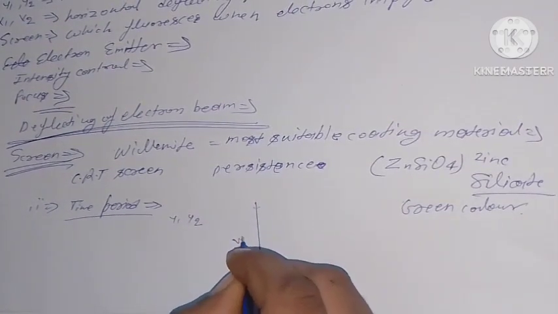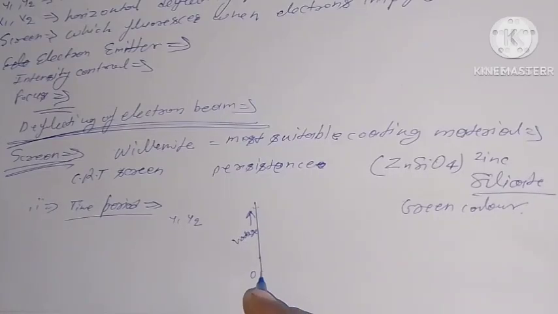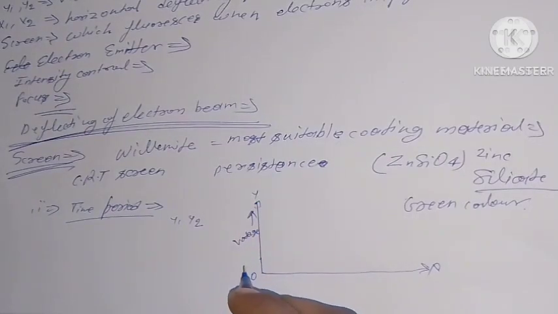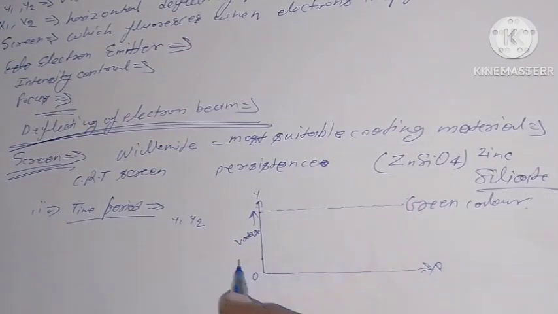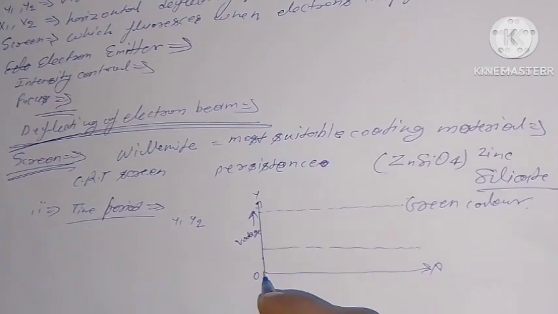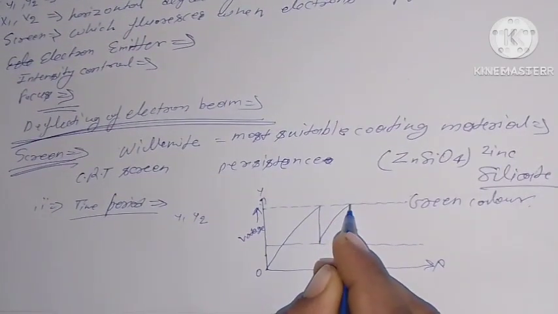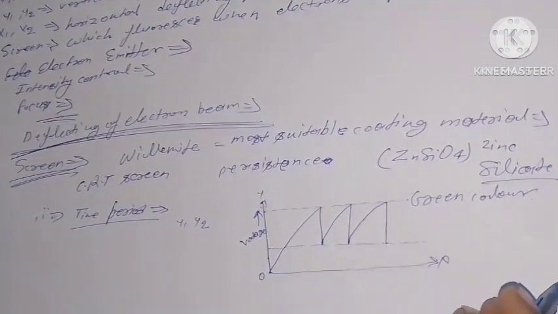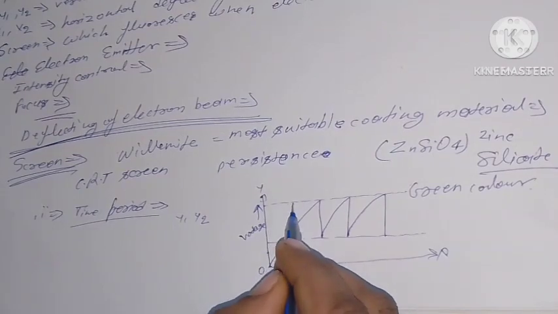This is voltage, zero, x-axis, y-axis, and this is firing voltage.